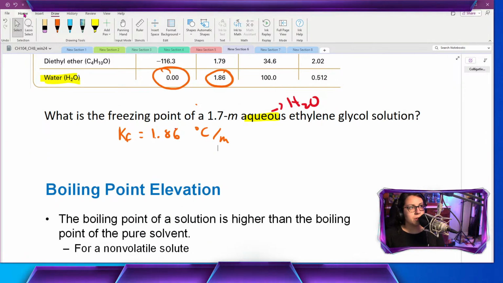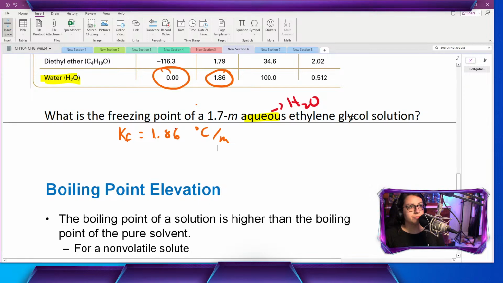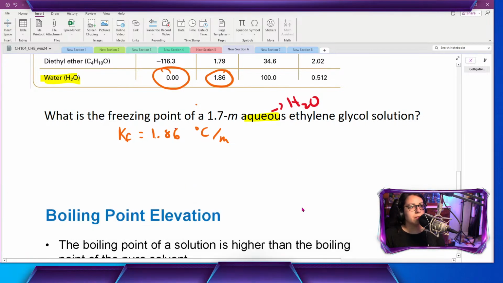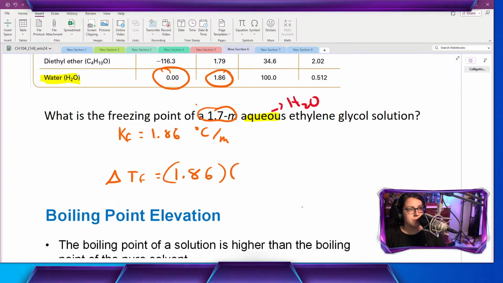And so now we can plug it into our formula. And again, we don't even need to really look at our formula. We just have our Kf factor, given our molality. And so I'm going to get temperature out. So our change in temperature is going to be 1.86 times 1.7.